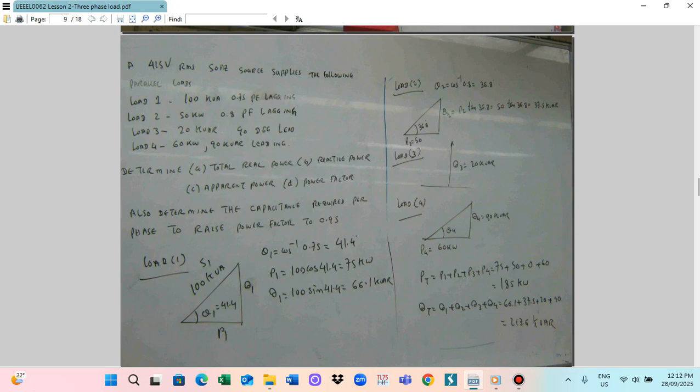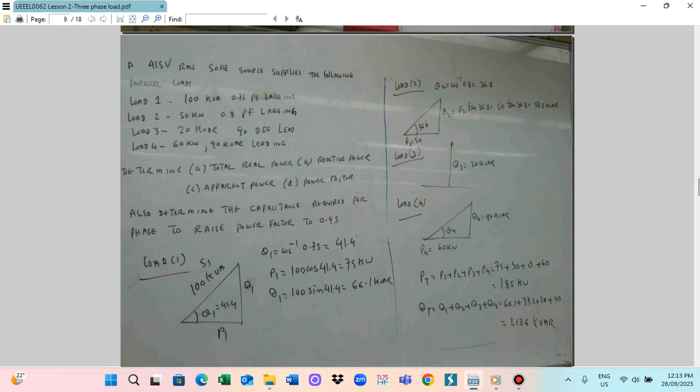P1 is 75, plus P2 is 50, P3 does not have real power, only the reactive component, so it is 0, and P4 is 60 kilowatt. So total real power is 75 plus 50 plus 60, so you got 185 kilowatt.